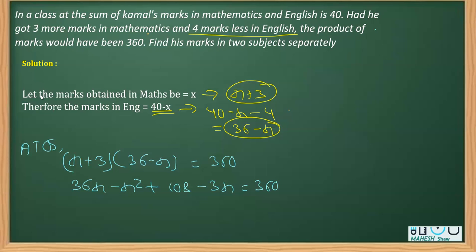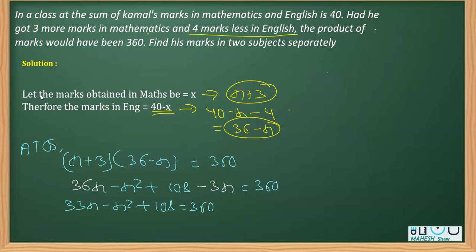Not degree, 360. Now, as you can see here that we have two like terms. One is this 36x, right? And the other is 3x. Now, if we simplify, what do we get here? This comes out to be 36 minus 3, or 33x, right? And minus x squared plus 108 is equal to 360.